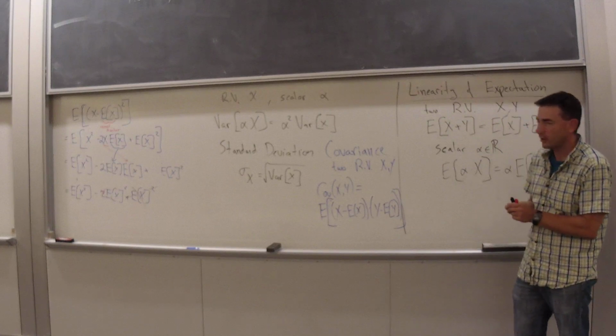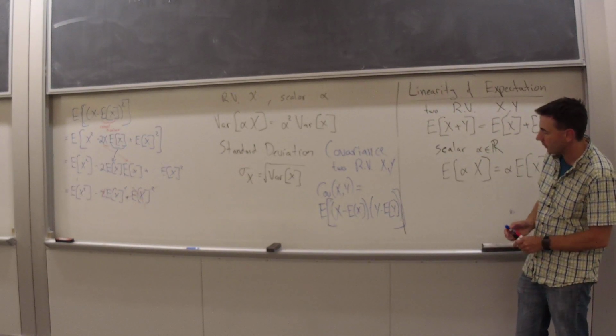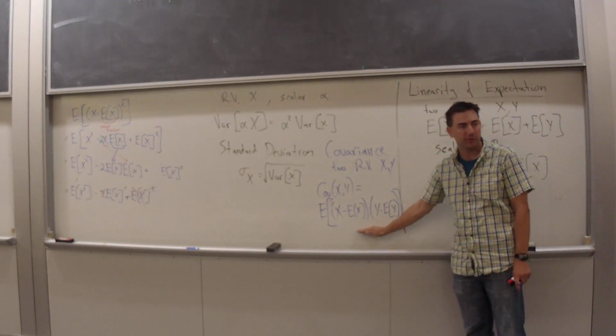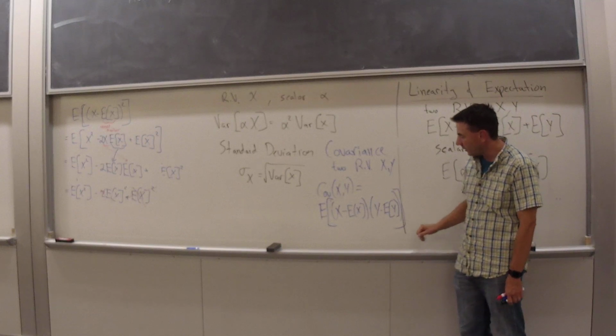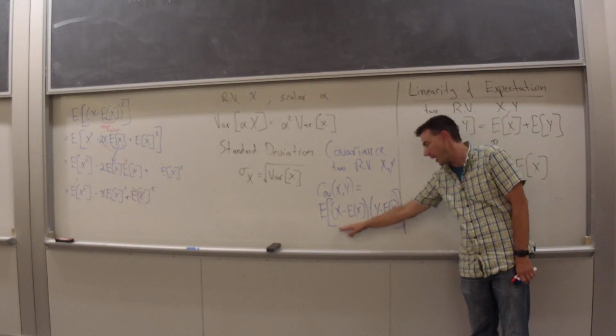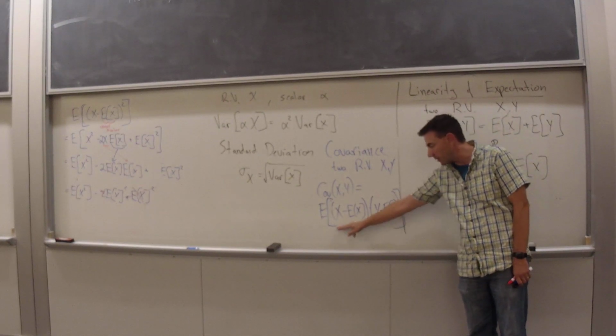This starts to let us know about joint random variables. This is one of the first things we can say about this. I need to integrate now over x and y in order to write down this expected value.